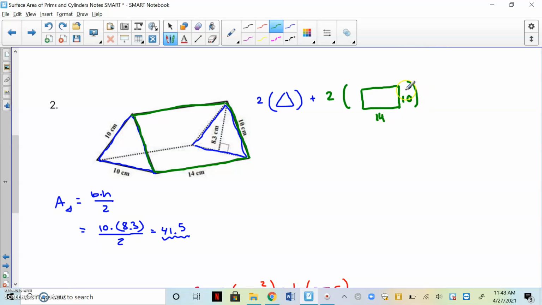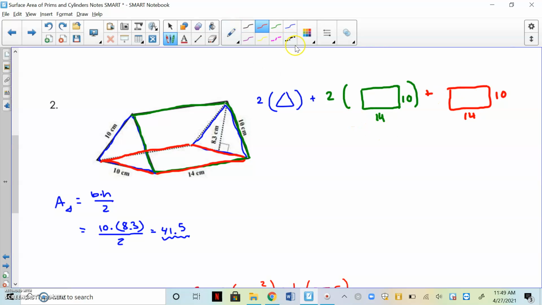All right. And lastly, we have the base here. Well, I guess this isn't actually the base, but it looks like the base in this picture. This red one is also, in fact, a 10 by 14 rectangle. So actually, we could have tripled this one, but I'll just go ahead and write the same one since we already treated it as a separate thing.